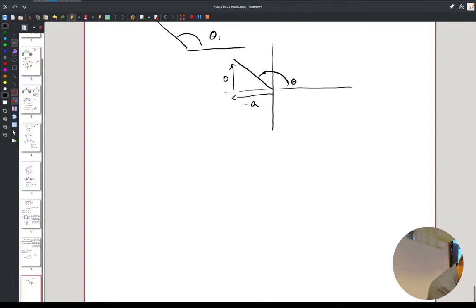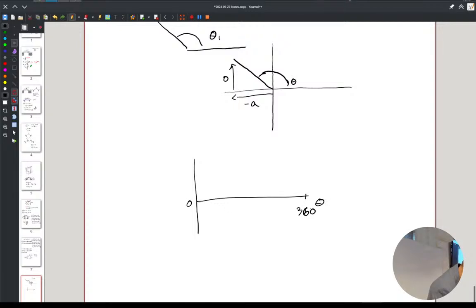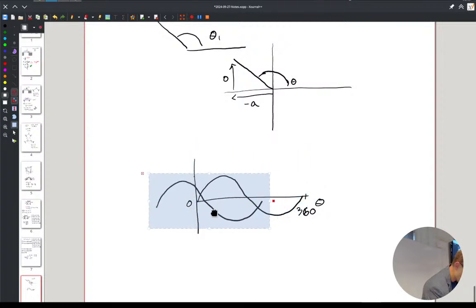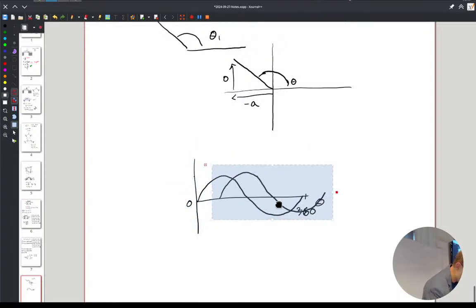And that's how we end up with these curves: for theta going from 0 to 360, sine goes up, comes down and then back up. Cosine is the exact same thing, but just shifted over by 90 degrees, right?